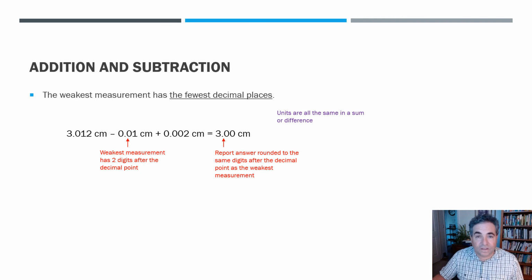What about the units in this case? When you're adding and subtracting, it's a little bit simpler because when you're adding and subtracting numbers, they have to be in the same units. And so the result that you get is going to be in the same units too. All of the numbers we're adding and subtracting in this case are in centimeters. So our final result is going to be in centimeters as well.